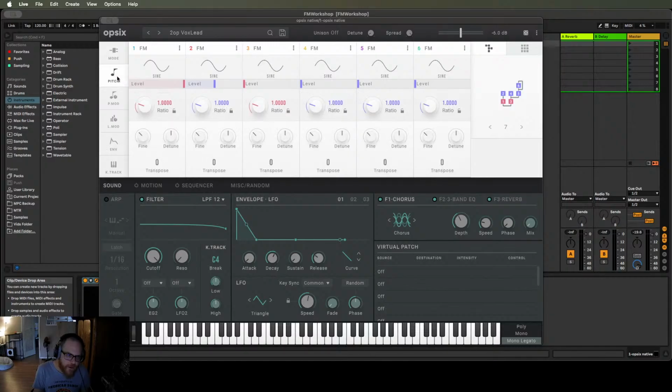Right now they are 1-to-1, and that produces sort of a saw-ish wave. 2-to-1, you get more like a square or triangle wave. 3-to-1 gets into an interesting kind of hollow guitar-like tone. 4-to-1 is similar to a square wave, but with higher harmonics, skipping some of the lower harmonics, and so on. You don't really have to memorize it all.